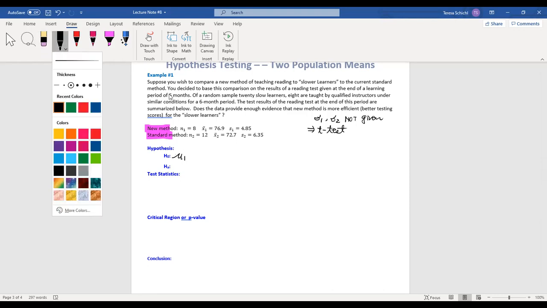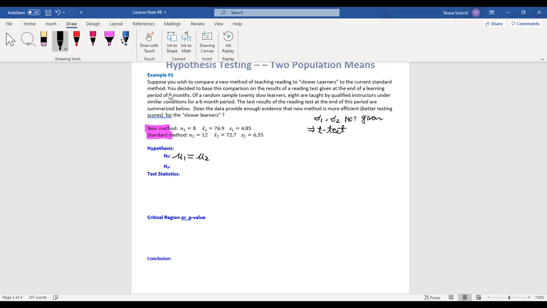So mu1 equals mu2, where mu1 is the new method and mu2 is the standard. I want to see that the new method is more efficient, so the alternative is that mu1 is greater than mu2.